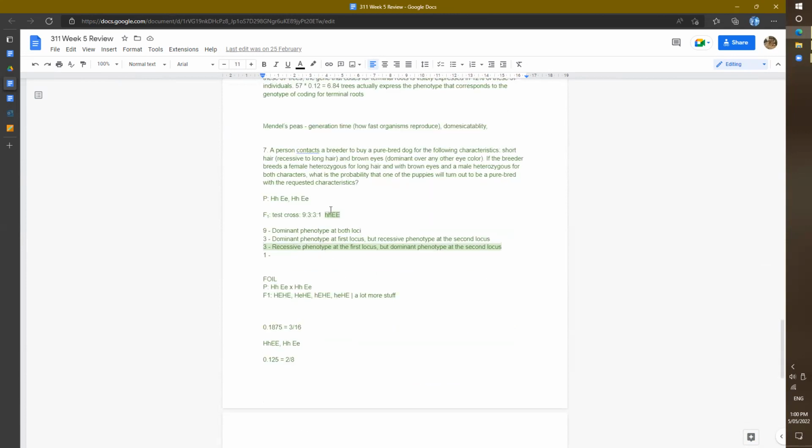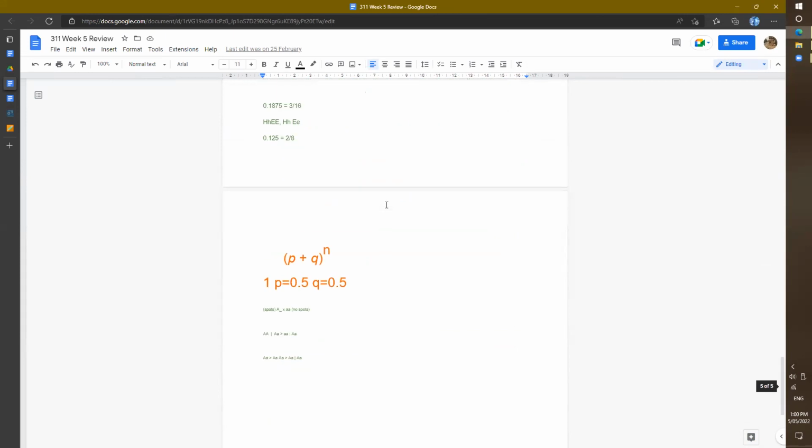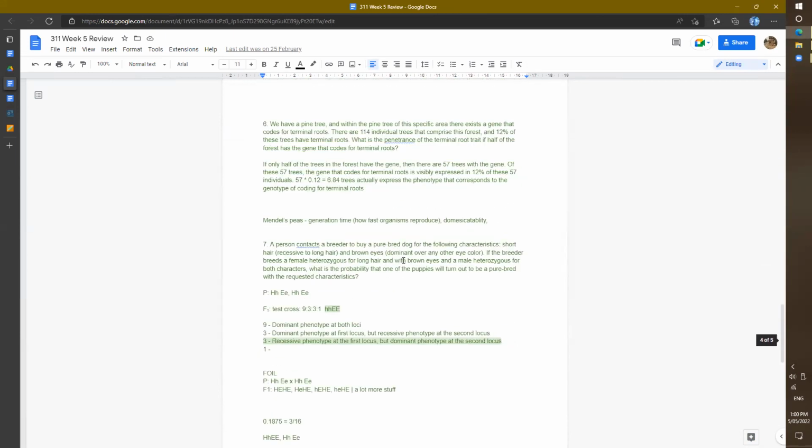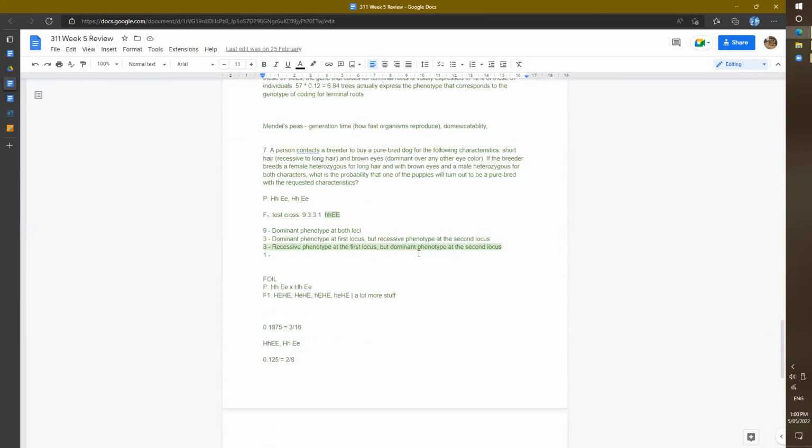Okay, here we go. Person contacts a pure red dog, short hair, brown eyes. Make sure it's the right question. Breeder, female. Heterozygous. Okay, so that's not the right question. Dang it. Sorry, I should have prepared this beforehand.